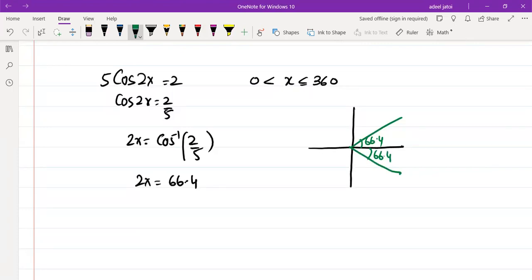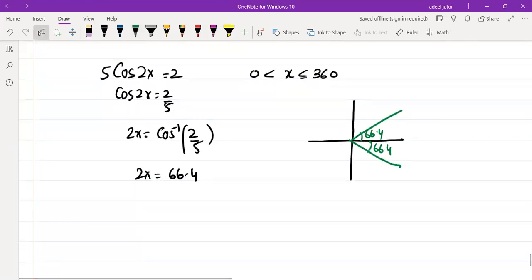We gave enough time to understand the basic angle. Now, the first answer is 66.4. The second answer was 293.6. Now, you need to understand that when I divide 66.4, I get 33.2, and when I divide 293.6, I get 146.8.